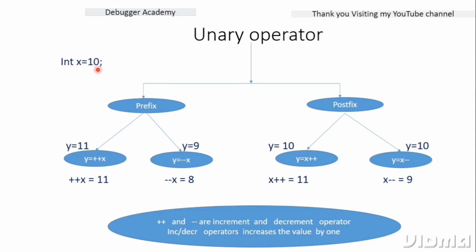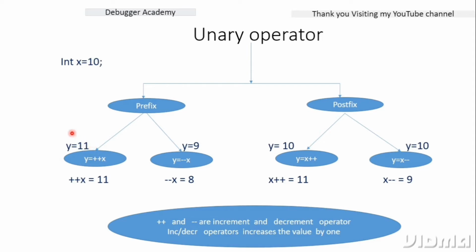The existing value is 10, add 1, it becomes 11, and after that we use the value of x, that is 11. Understood? So whenever you find plus plus, you first increase the value by 1 and then use it. It means y equals 11.